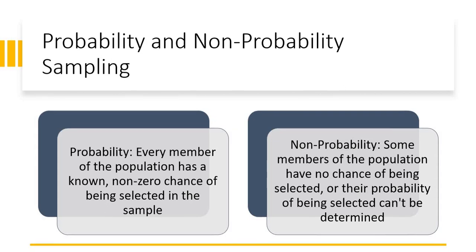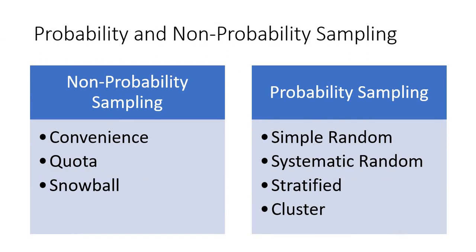From the approaches we have discussed, convenience, quota, and snowball sampling are the examples of non-probability sampling, because in these approaches, some members have no chance of being selected, or we do not know the probability of them being selected.